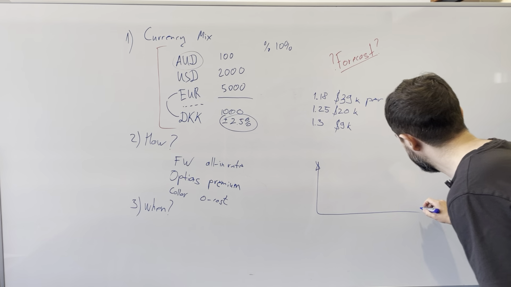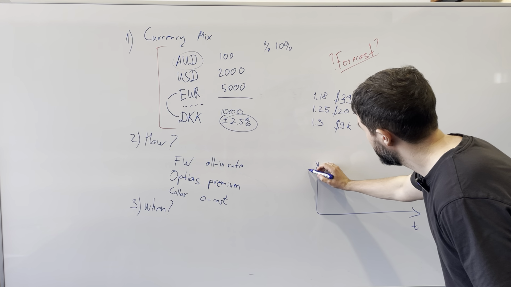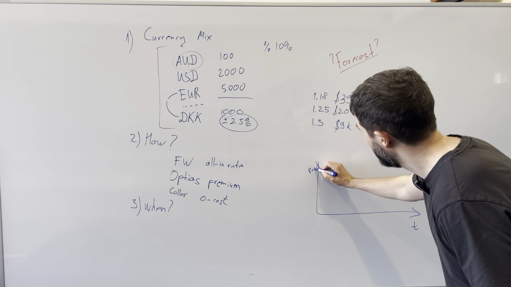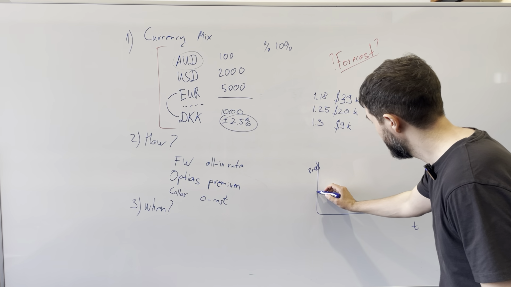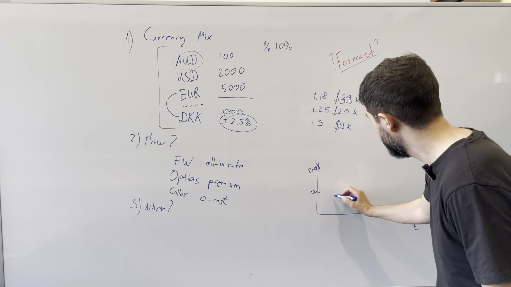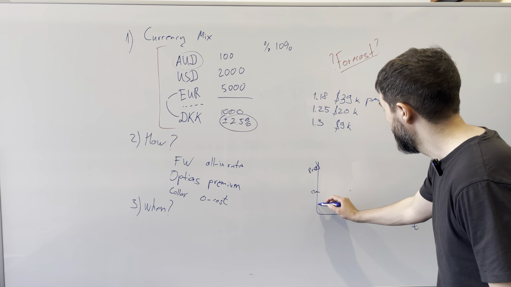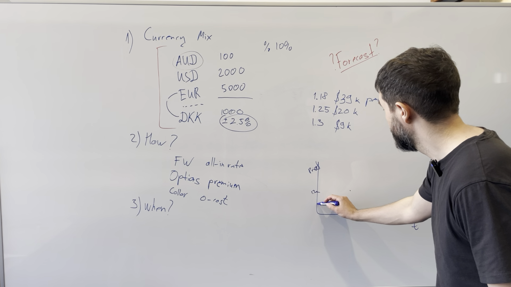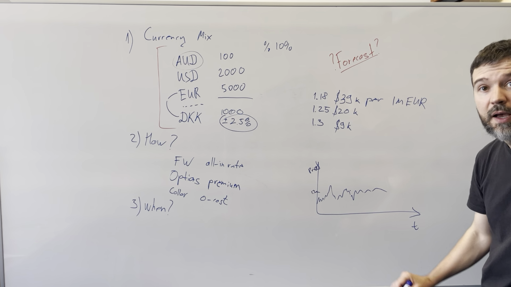You have time here and you have price here. Let's assume it's Euro USD and it's about 1.2 now, and we are somewhere here.